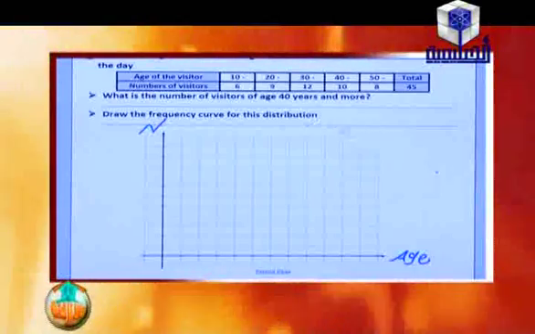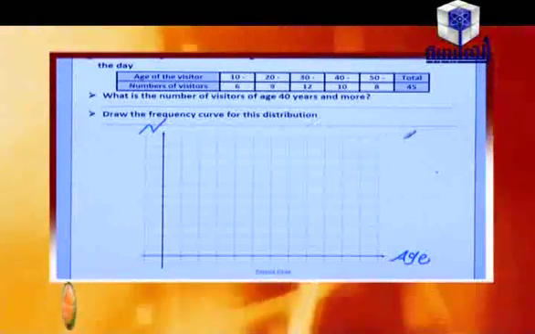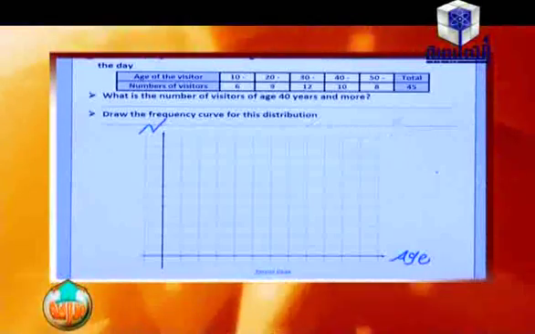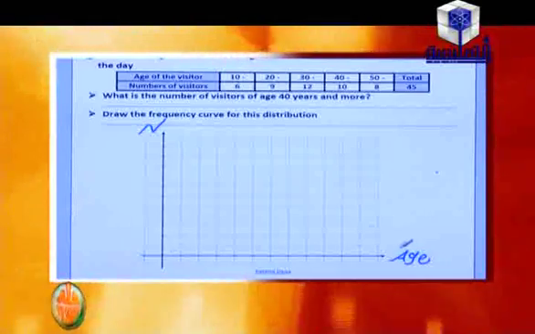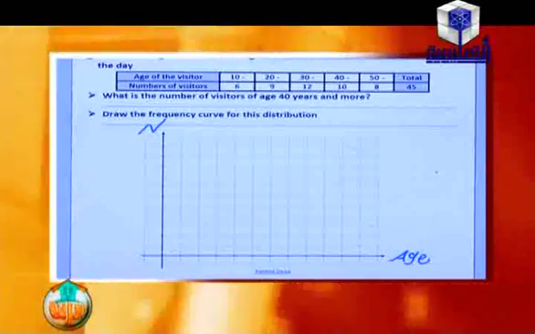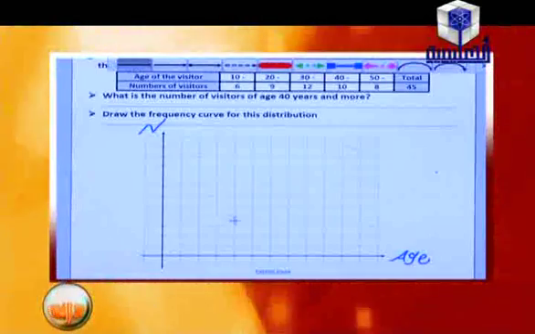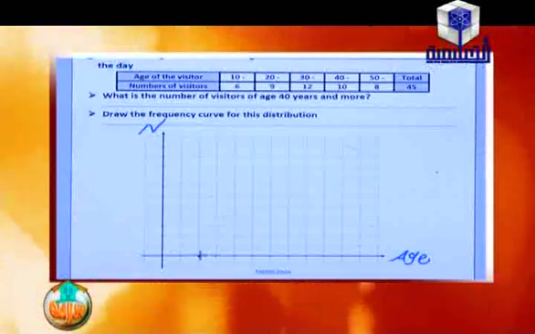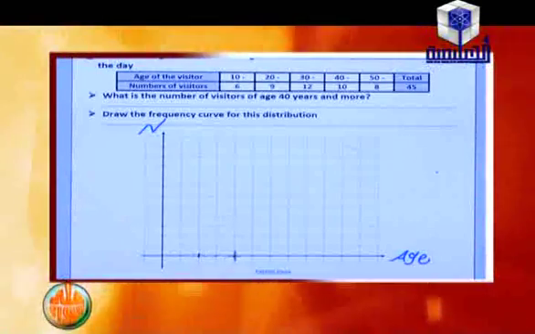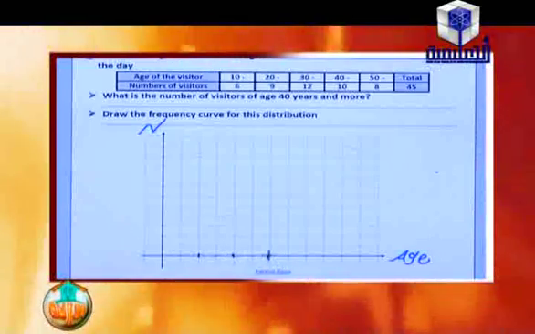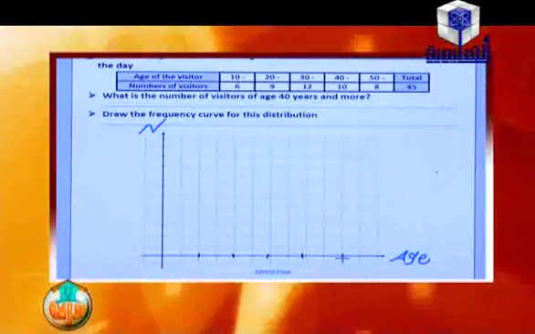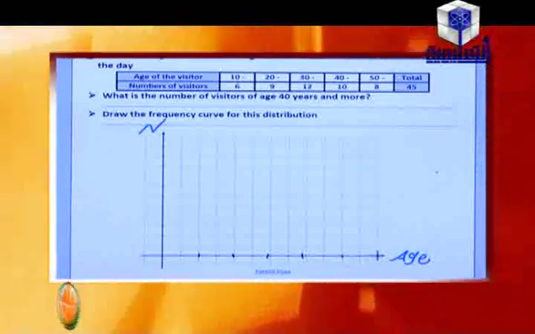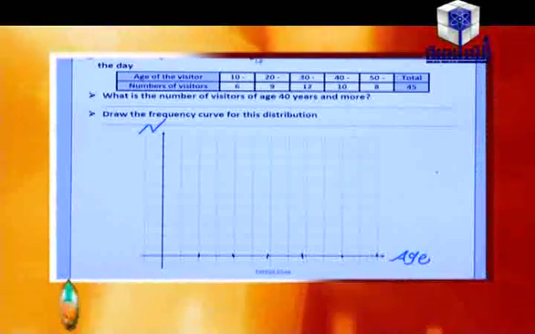And try to put the sets distributed according to the line which represents the age. So the first one puts the numbers 10, 20, 30, 40, 50, and the last one represents 60.